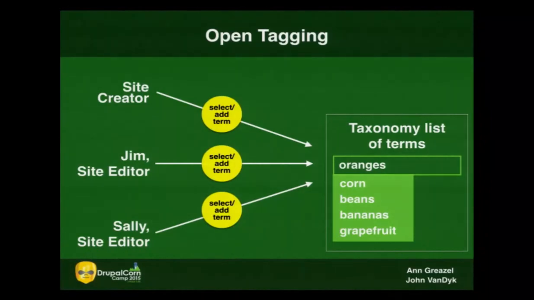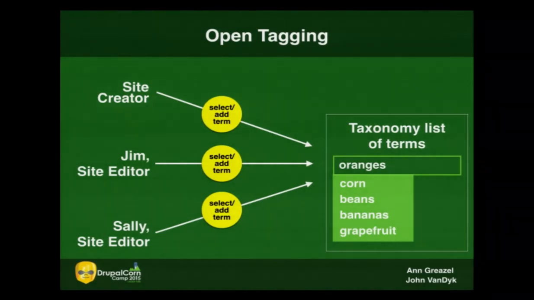And normally we use an autocomplete field, so if someone else has already entered that term, it's going to suggest that and autocomplete. So this would be the workflow for that. Basically, the site creator sets this up as an autocomplete field, and then your site editors can come along and add existing terms, or select existing terms, or add new terms.